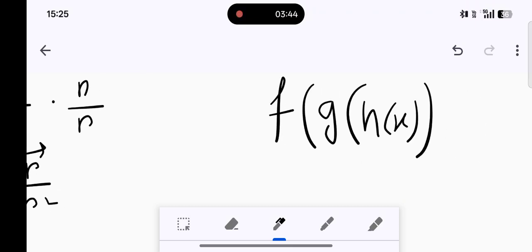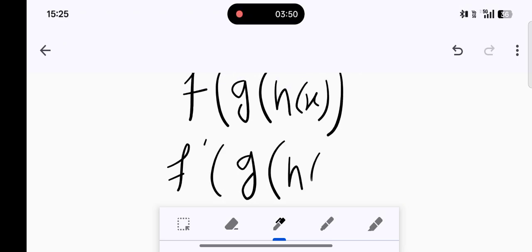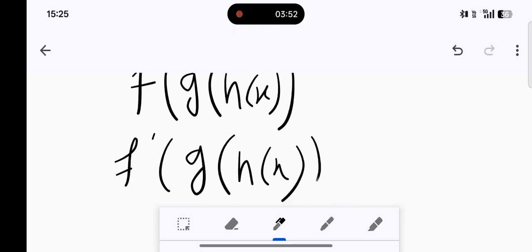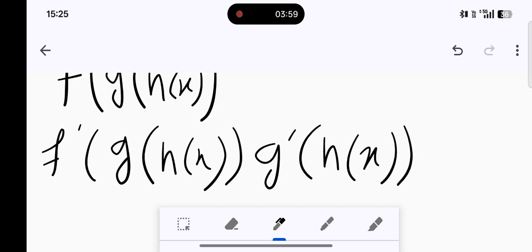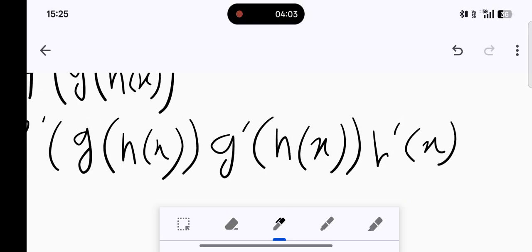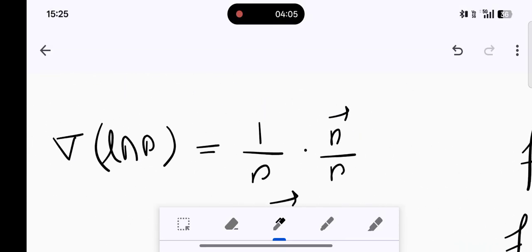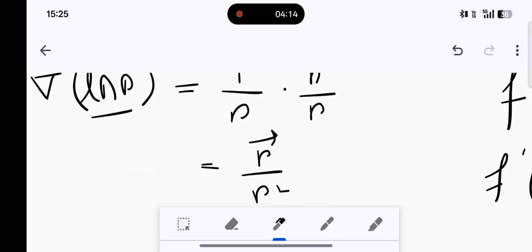If we are differentiating this function, then you have to differentiate first f, which will be f dash g of hx, then we have to differentiate g of hx, which will be g dash hx, then you have to differentiate again the hx, and we will get something like that. So the same thing is happening here. We have to differentiate the outer function, which is ln r, then differentiate the inner function, which is nothing but r. The differentiation of r is r vector by r.